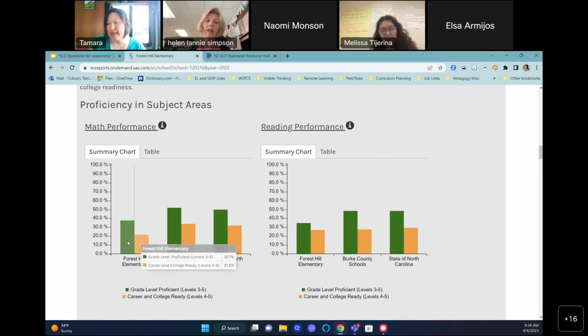So I can conclude that my percentage of EL progress, which was at 47.7%, is impacting the school performance grade positively vis-a-vis the math performance.